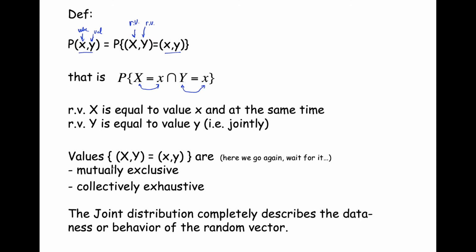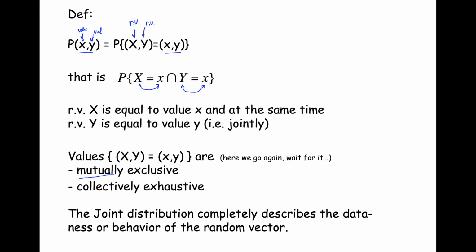Mutually exclusive, which doesn't change when we have a vector, means that any two individual events in instantiation are pairwise disjoint. They do not overlap in the Venn diagram. And they're collectively exhaustive, meaning that the union of all of these possibilities represents the entire sample space omega.